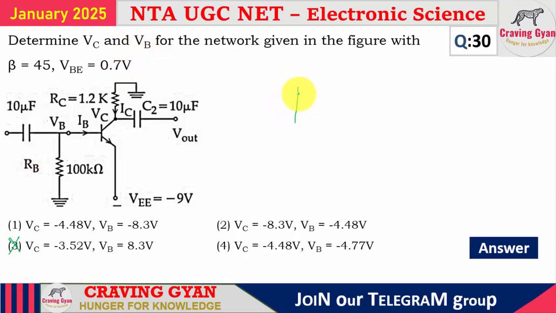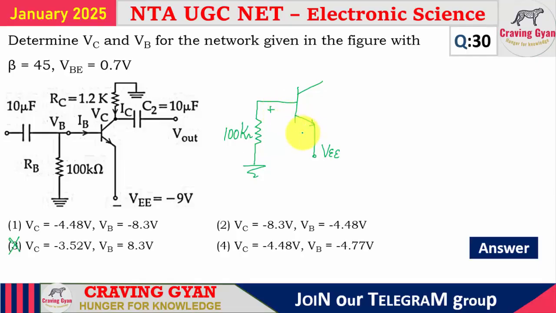The moment I start to write the DC equivalent circuit, how is the capacitor going to behave? It is going to behave like an open circuit. The resistance value is 100 kilo ohm.